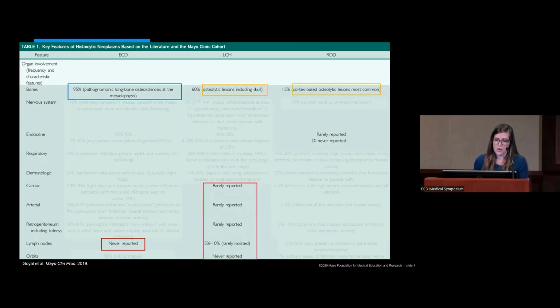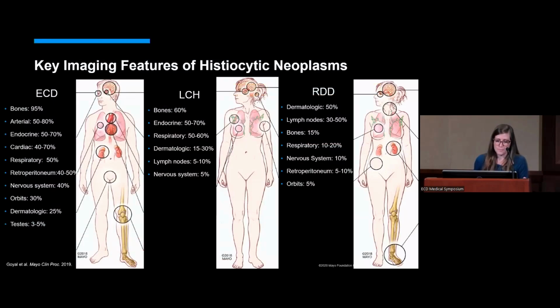And then in LCH, you're rarely going to have cardiac, arterial, and retroperitoneal involvement. And then in RDD, you're rarely going to have pituitary involvement or diabetes insipidus, as compared to that being pretty common in both ECD and LCH.